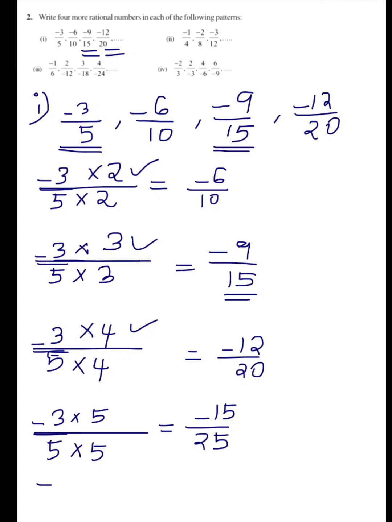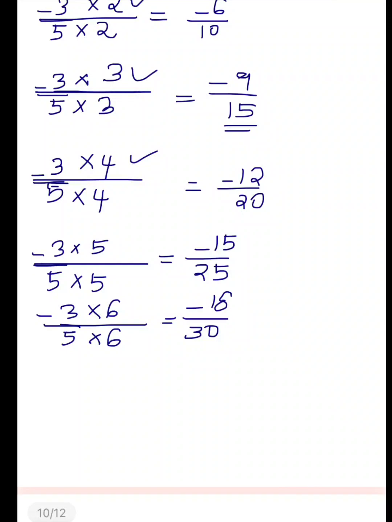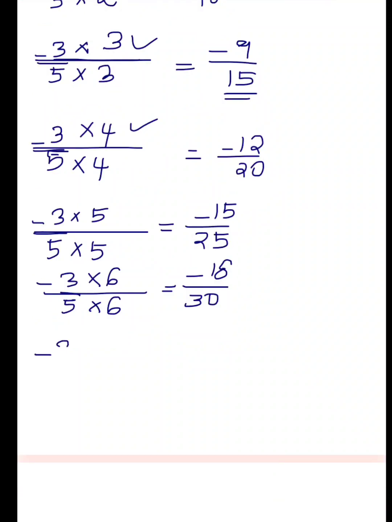Now what will be the next? Minus 3 by 5 into 6, so minus 18 by 30. Okay. Now what is next? Minus 3 by 5 into 7. So what is the answer? Minus 21 by 35.